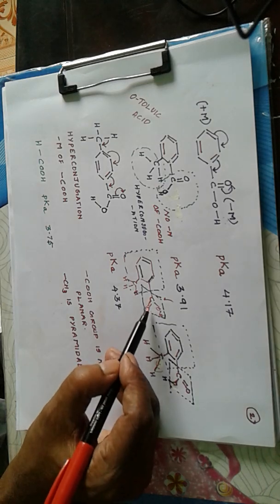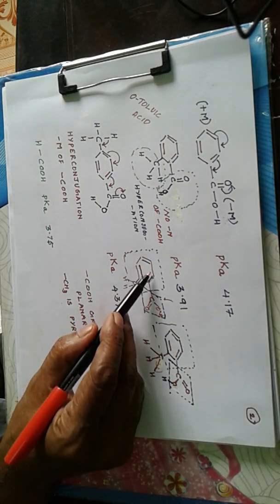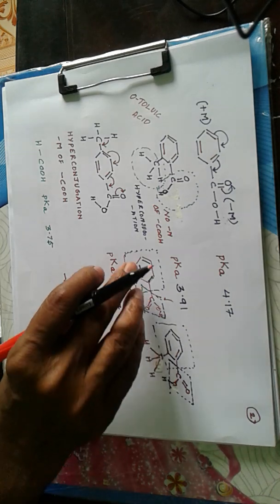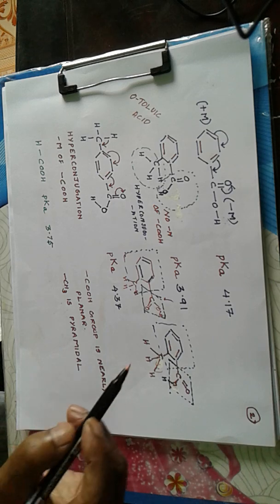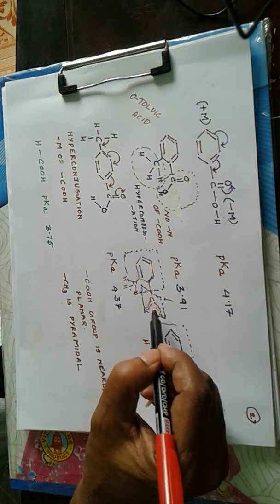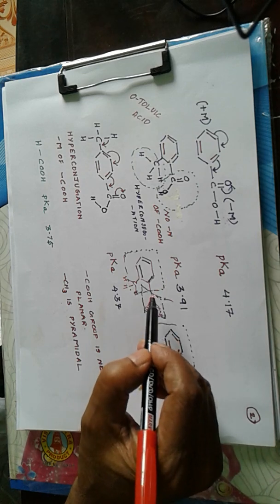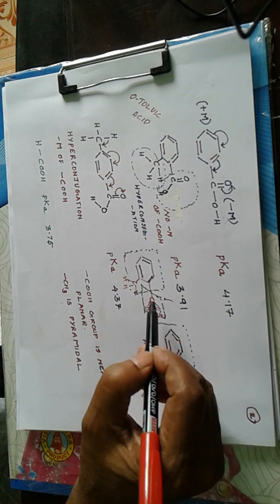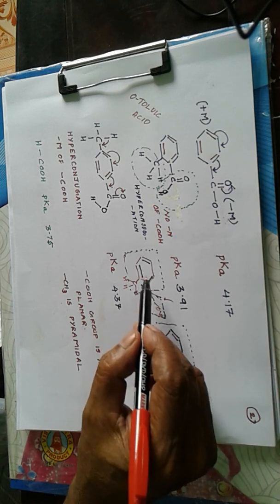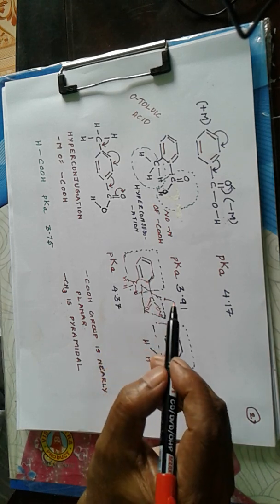This pi bond here is perpendicular to the pi bond here. So the parallel nature of the pi bonds is now not possible, so the mesomeric effect cannot operate. The mesomeric effect can operate only when the COOH group is planar with the benzene ring, or the COOH group and the benzene ring are in the same plane.